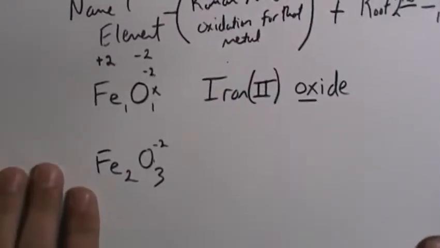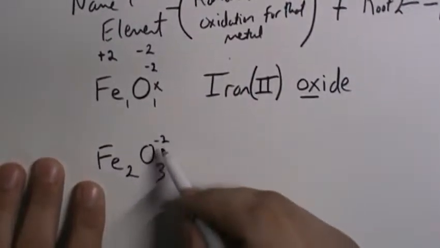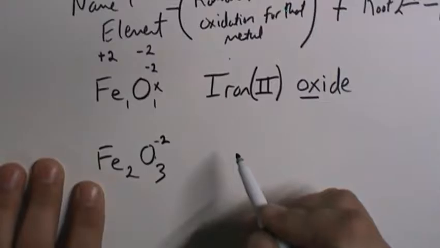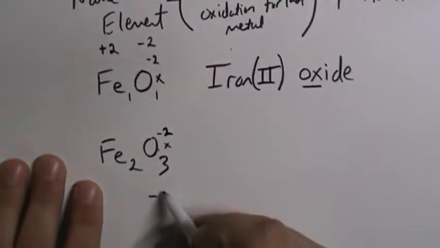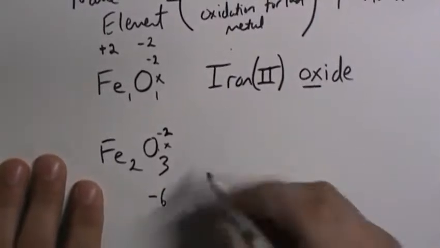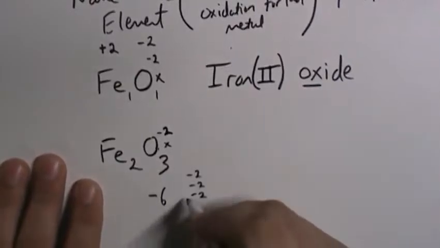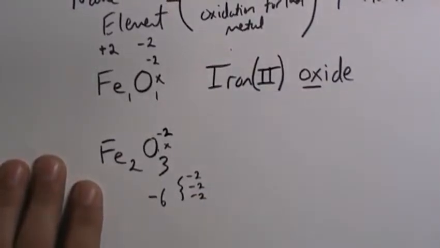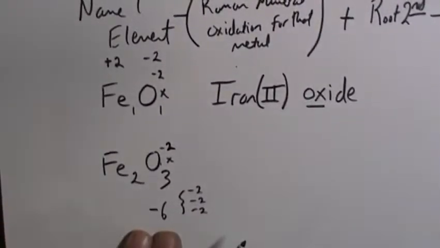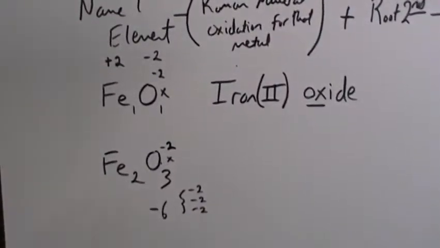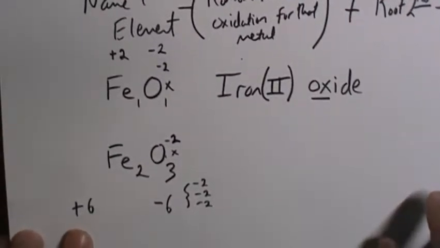The second compound is still an oxide of iron, so it's still a -2 for the oxygen, but now there are 3 oxygens, totaling a -6 charge. You can think of it as -2, -2, -2, add them all together, and you get a -6. Alright? Well, iron still has to cancel out all of those negative charges, which means the irons have to have a total charge of +6.